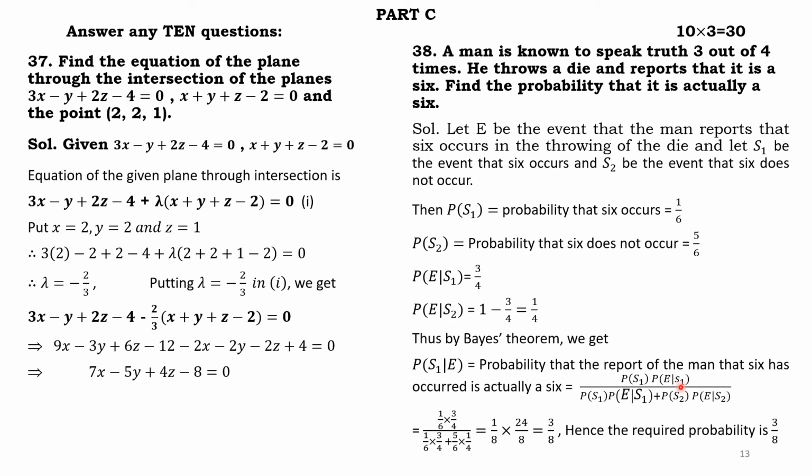Therefore, putting the values, that is 1 by 6 into 3 by 4 divided by 1 by 6 into 3 by 4 plus 5 by 6 into 1 by 4.